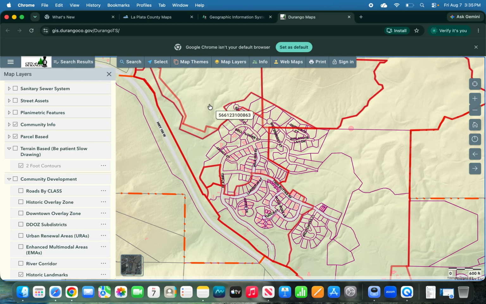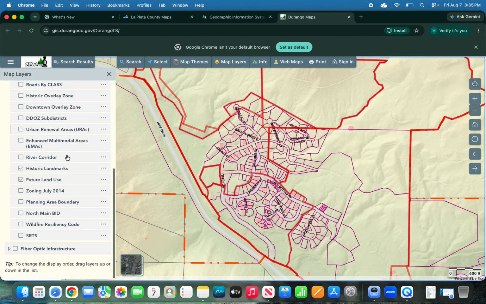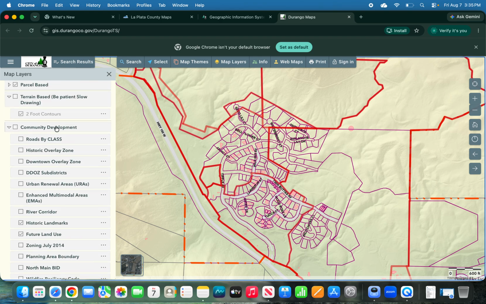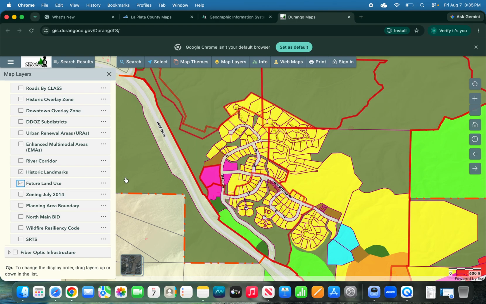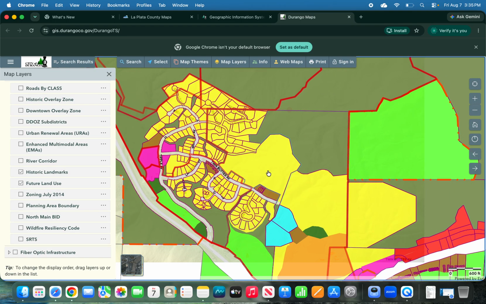And if we wanted to pick a single family build site or a commercial or multifamily, then we would come over on the left with the layers and we would open up our community development, go to future land use. We're going to turn that layer on. Twin Buttes has different zoning. It's a planned unit development.